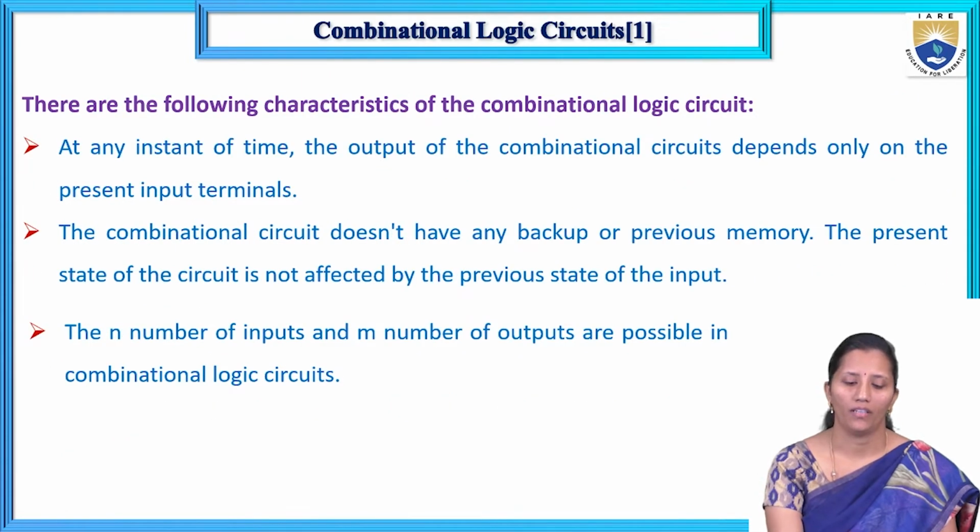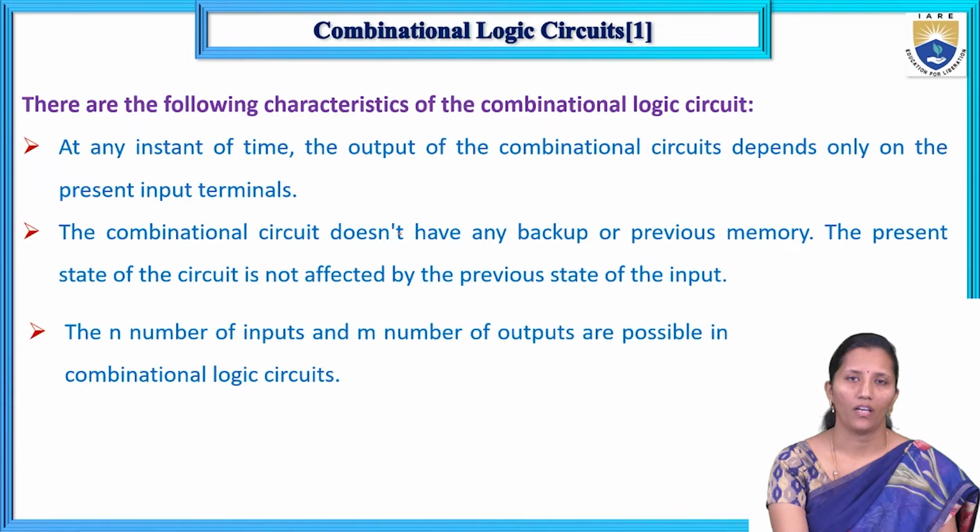By seeing this, we can observe the characteristics of the combinational logic circuit: at any instant of time, the output depends on only the present input values. The output will not depend on the previous input and previous output values.